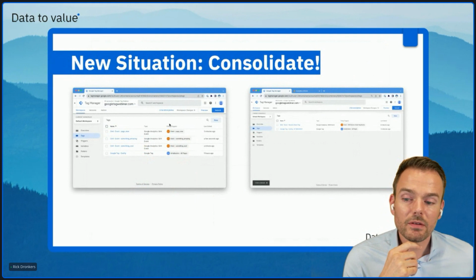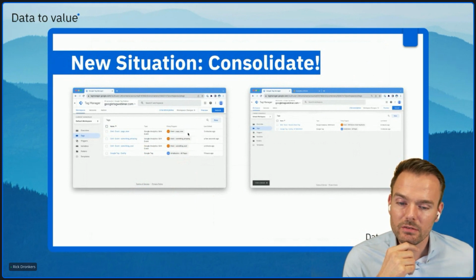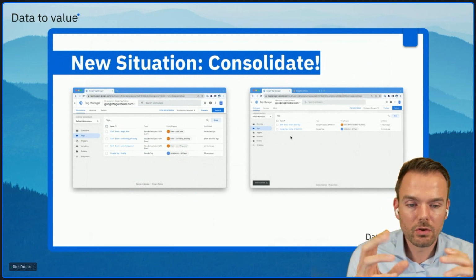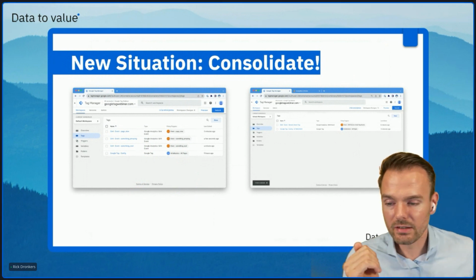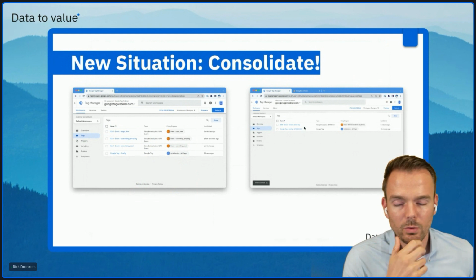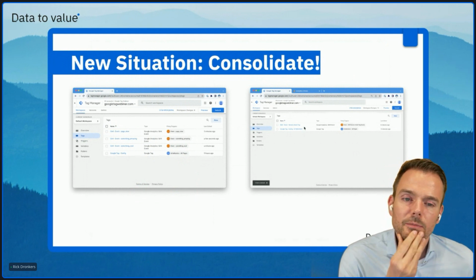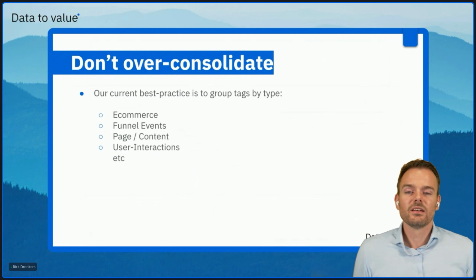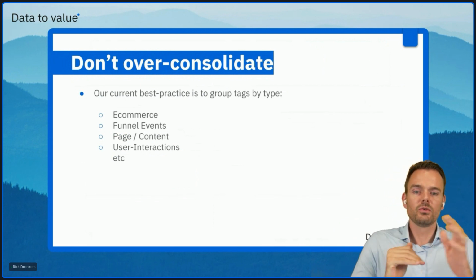So what happened? We went from this situation to this situation, right? So we're basically consolidating a whole bunch of logic into way fewer tags, right? And this could even be 20 tags into one. Now, I don't think you should over consolidate because there is probably value in splitting things up a bit.